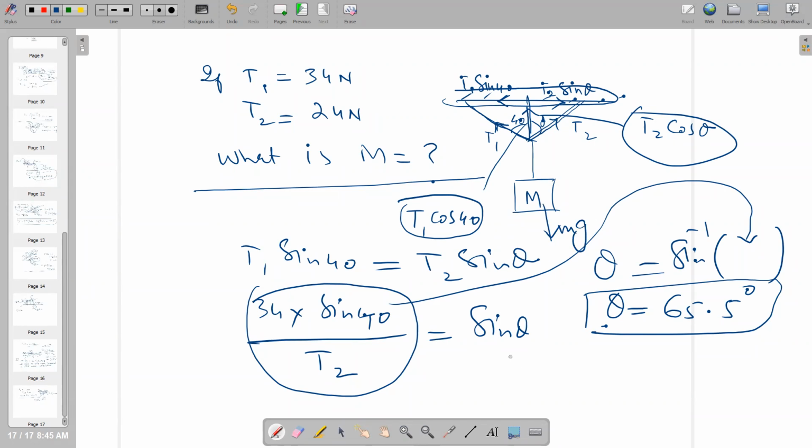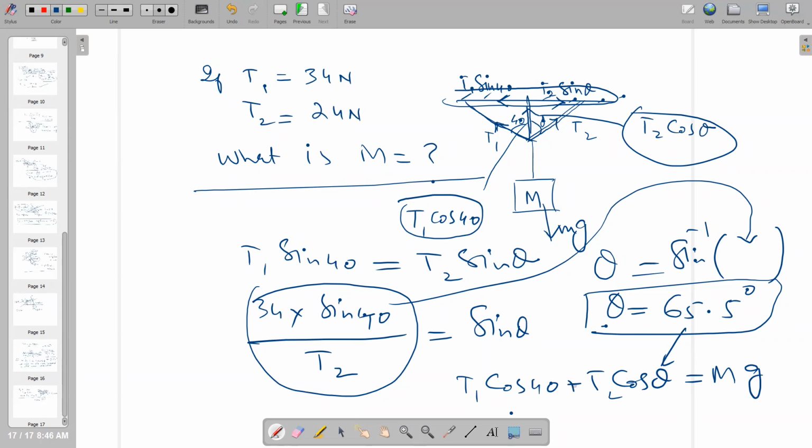So you can write the equation that T1 cos of 40 plus T2 cos of theta is equal to mg. We know that theta is 65.5 here.